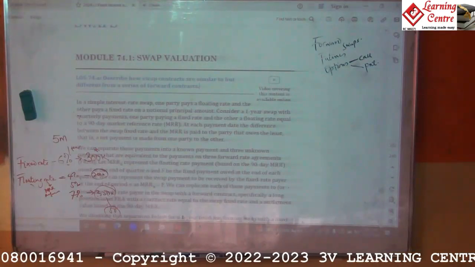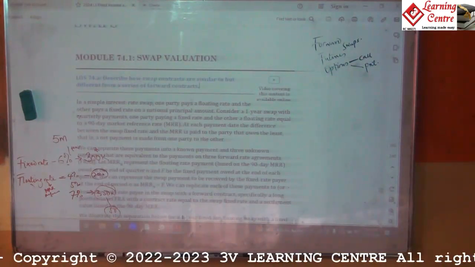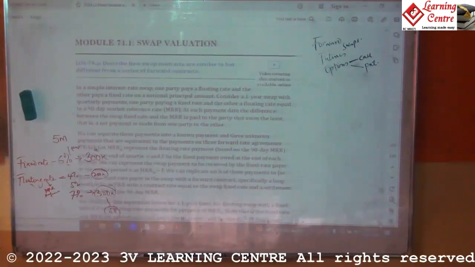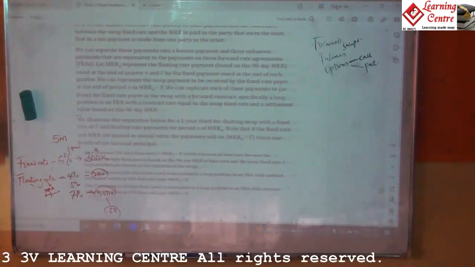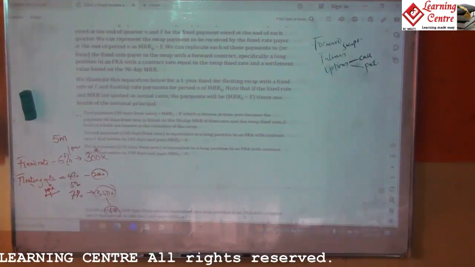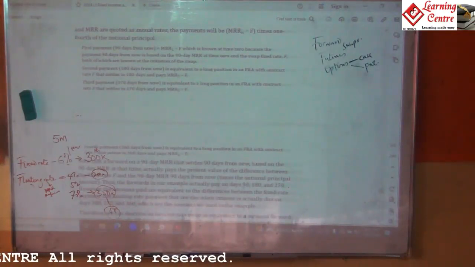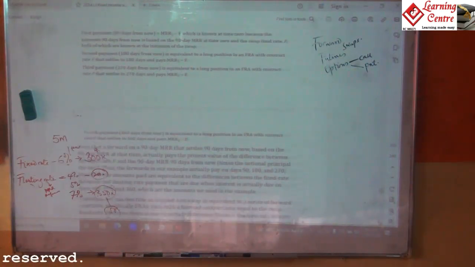It is mainly for short term. So you have 90 days, 180 days, 270 days, like that. Based on that, this can be used for that. So at the end of the day, remember that these movements are happening.